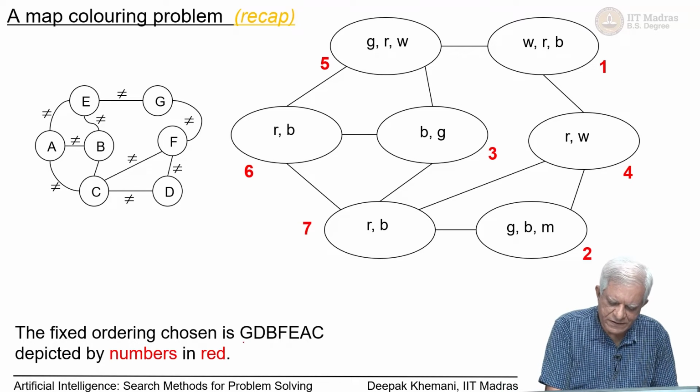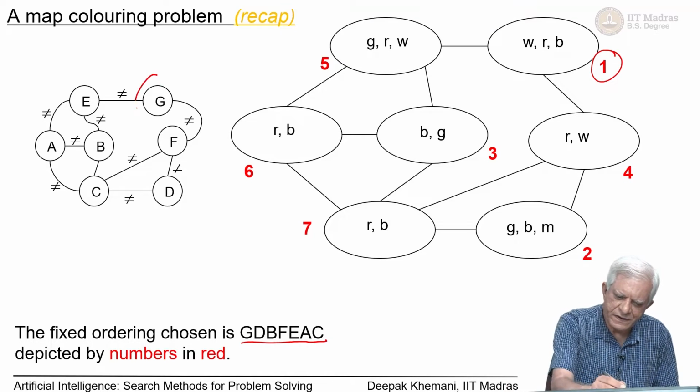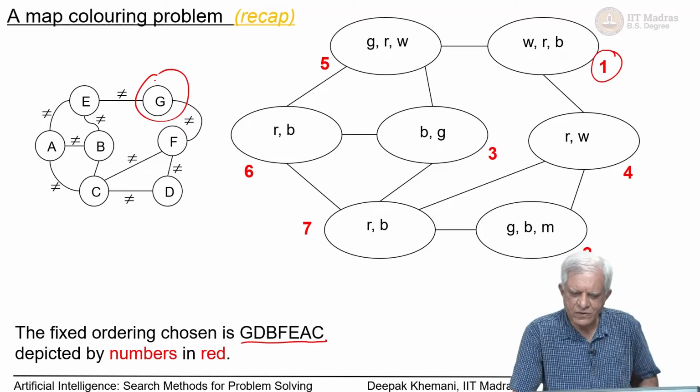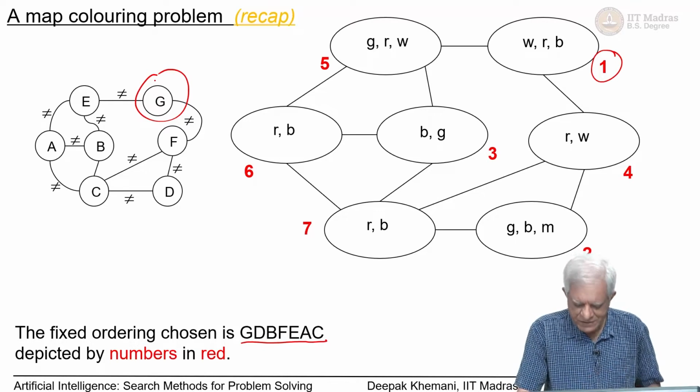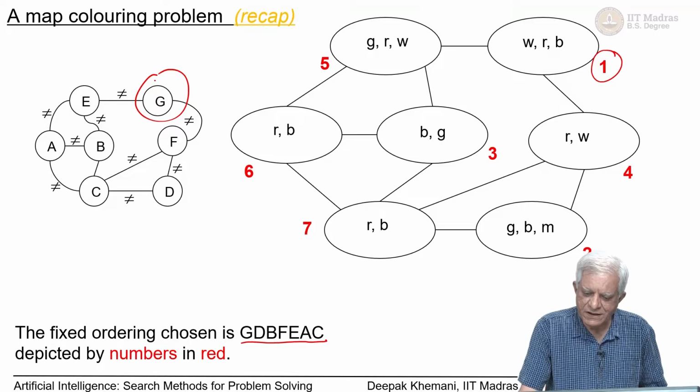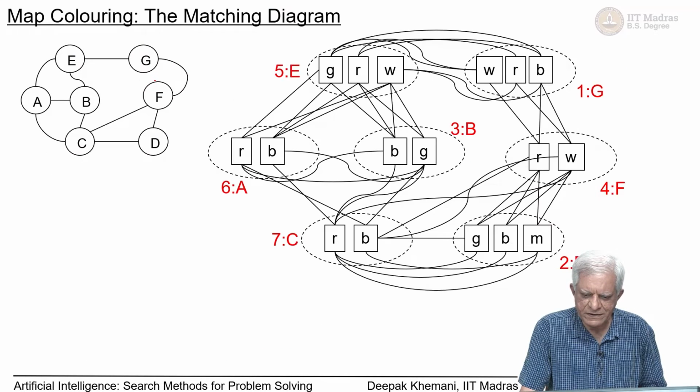So, if the order is given here below, G, D, B, F, E, A, C, you can see that G is the first variable that we will look at essentially. Now, we will draw the matching diagram for this and see how forward checking works essentially.